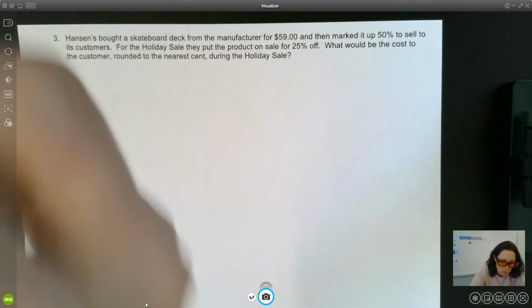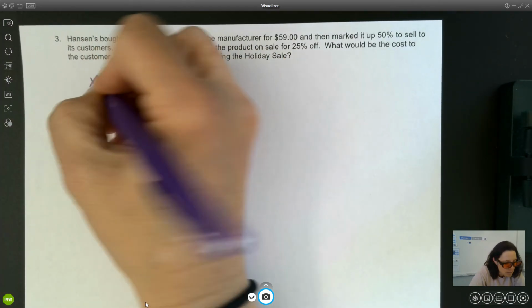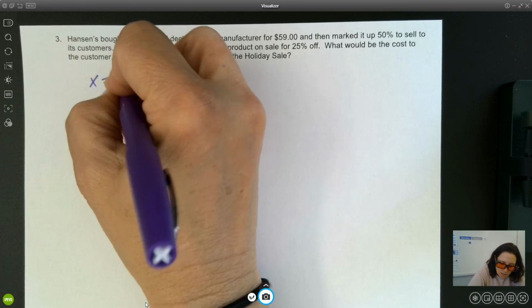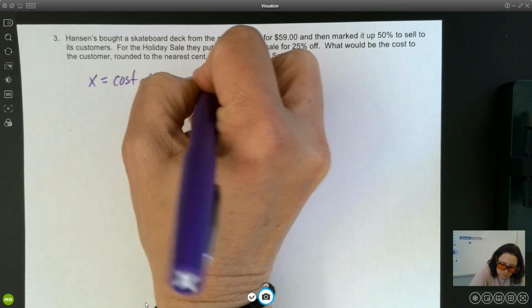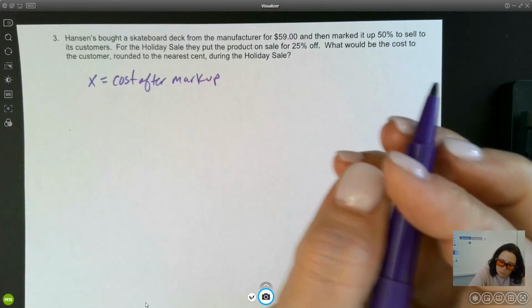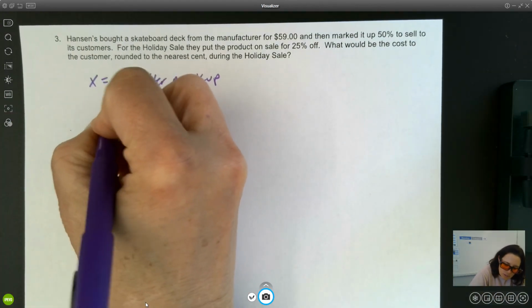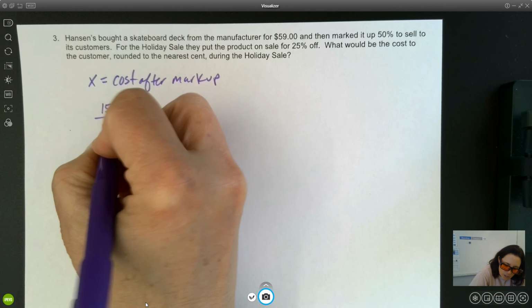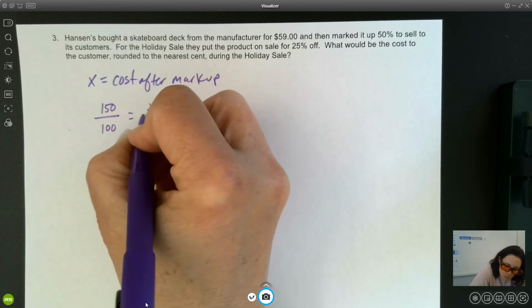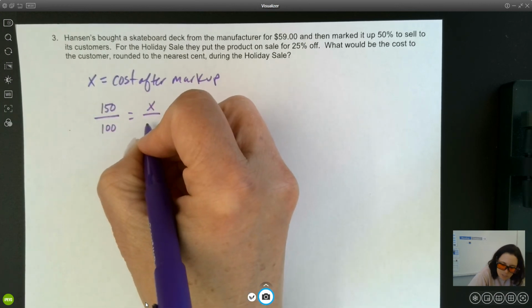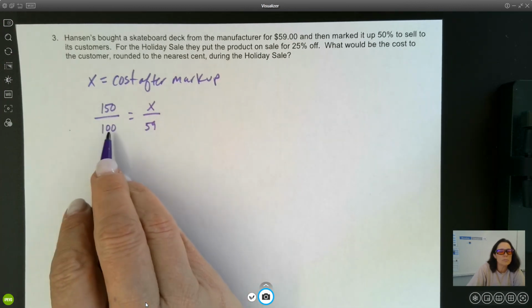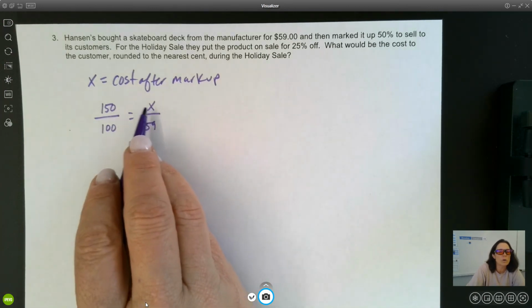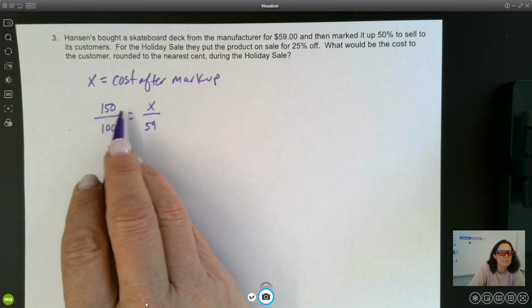Okay, so let X be the cost after markup. If we're marking it up 50%, this is going to be 150 over 100. X is what we're trying to find over 59. So the $59 is the original 100%. We're looking for how much it would be if we added 50% to it.